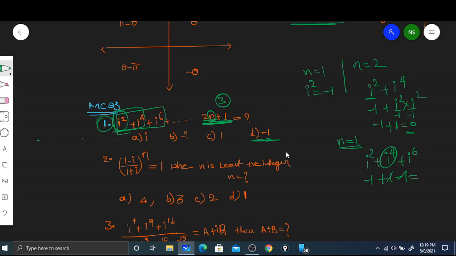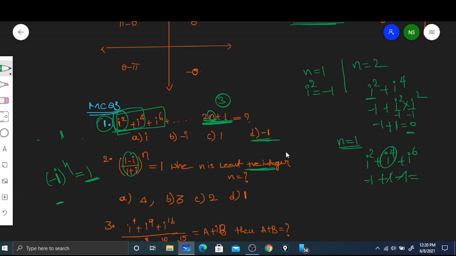And 1 minus i by 1 plus i. Whatever is inside the bracket, we know we will get minus i whole to the power of n, where n is the least positive integer. What is the least positive integer? That is 1. So n is the least positive integer, which equals 1.